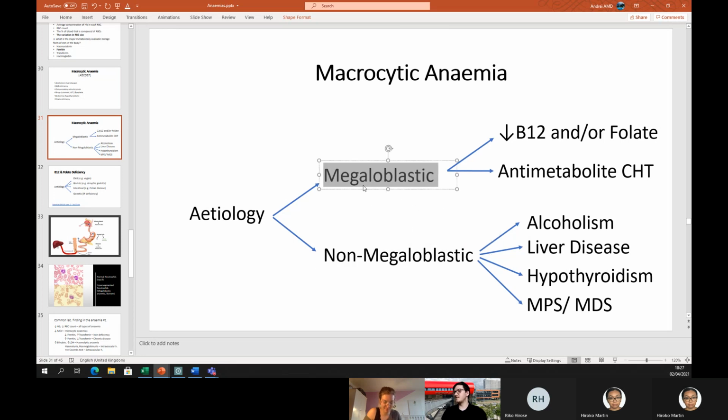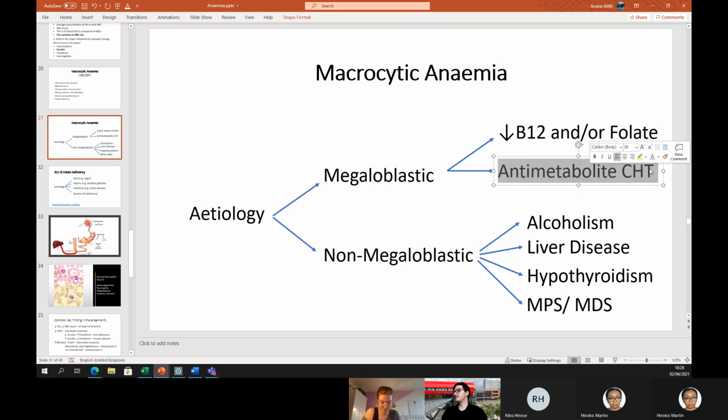Megaloblastic just means that you have huge cells, and the DNA synthesis is relatively or absolutely blocked because you don't have enough B12 and or folate. So B12 or folate deficiency can lead to megaloblastic anemia.